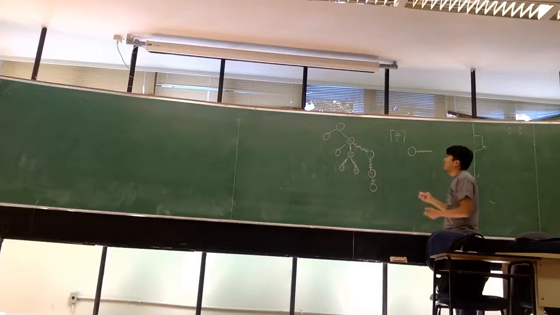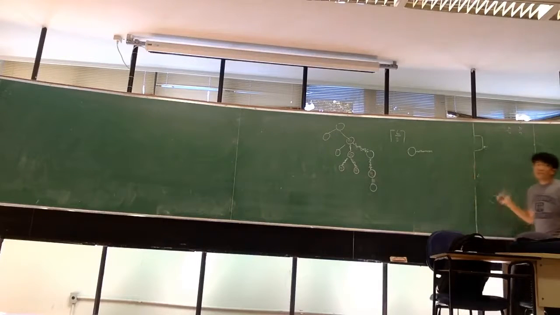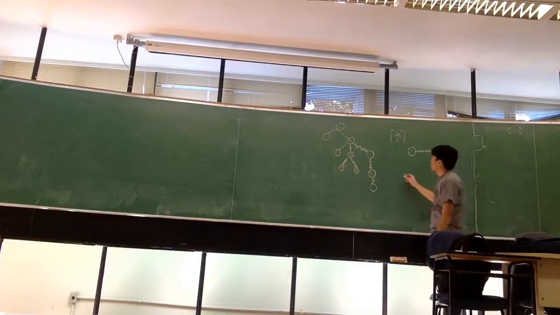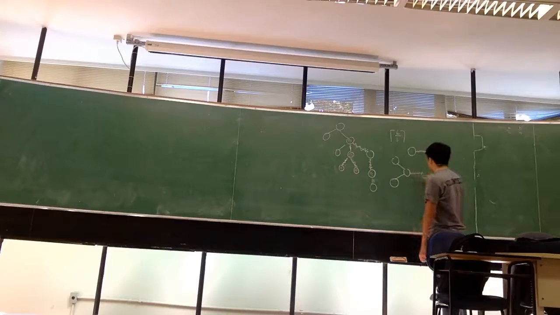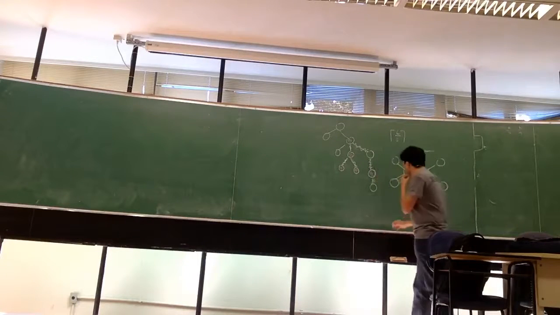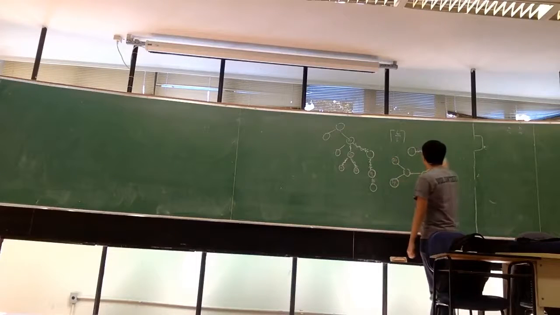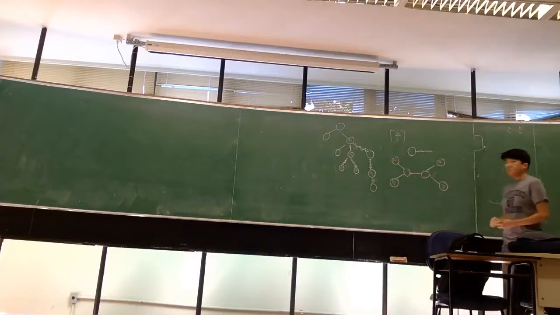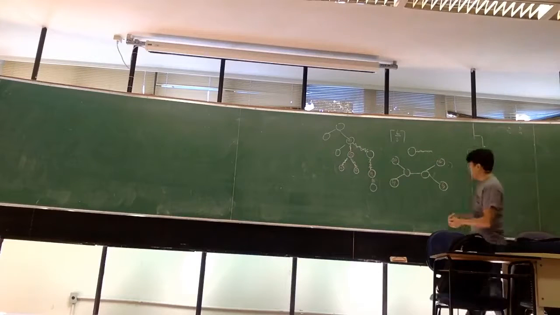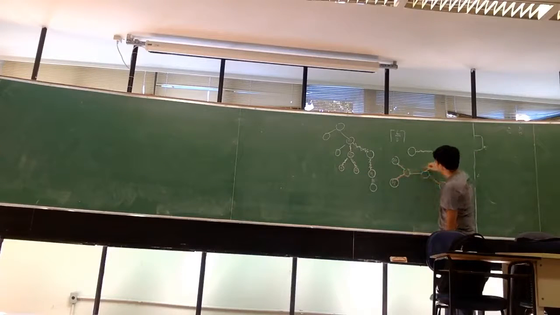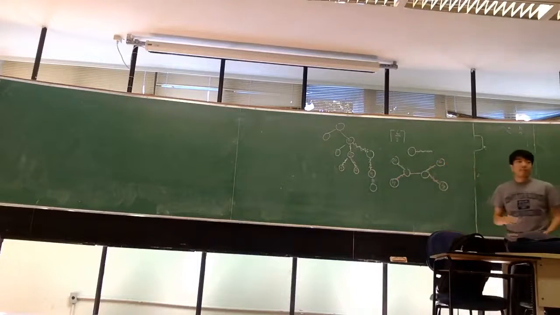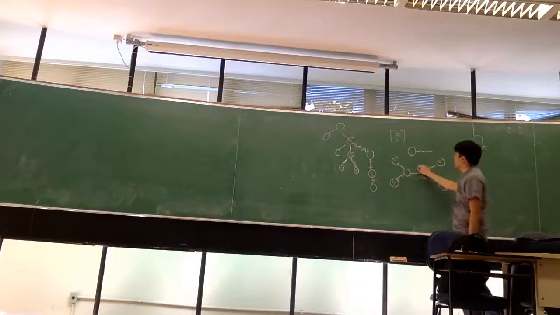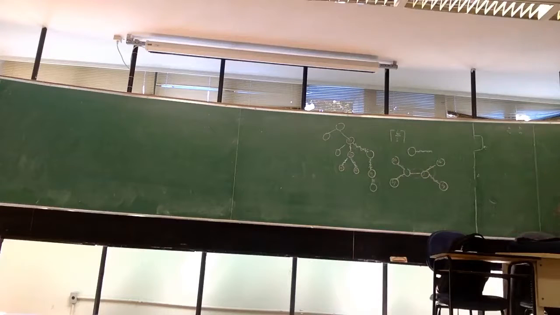But it might be the case that there are some edges that are not covered. For example, if my subtree looks like this, you could end up choosing these paths. They cover every leaf edge, but this edge remains uncovered.